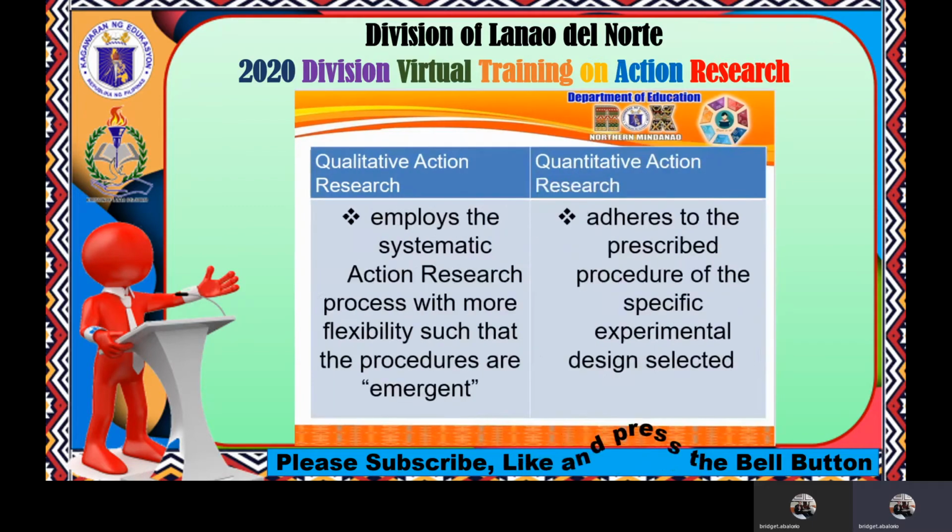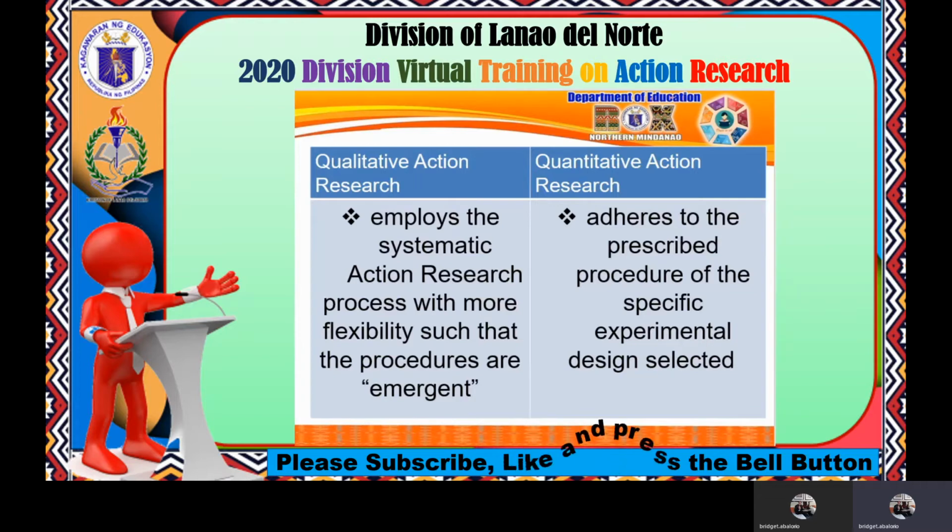Last but not the least, the difference between qualitative and quantitative action research is that qualitative employs systematic action research processes with more flexibility, such that the procedures are emergent. Why? Because in the method of qualitative action research, you can adjust. It is a flexible way of adjusting the procedures.